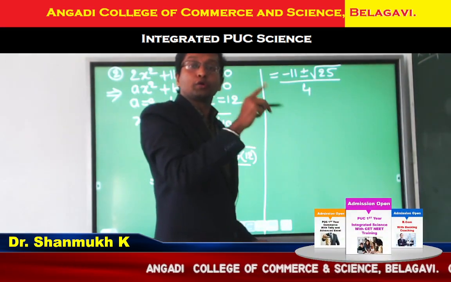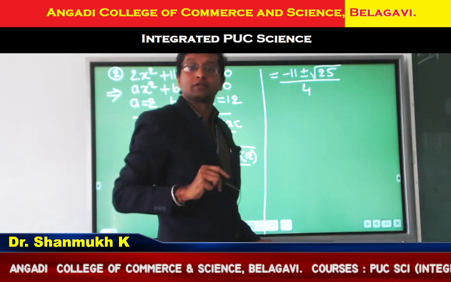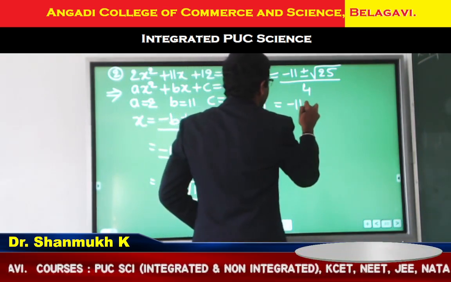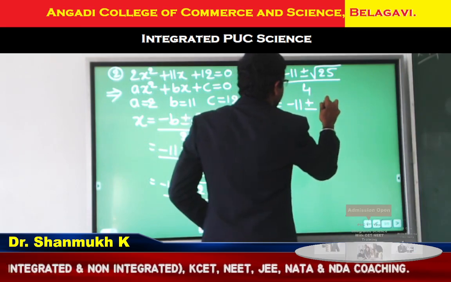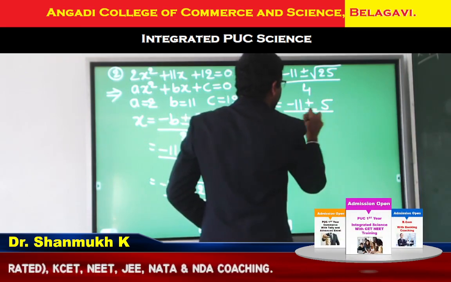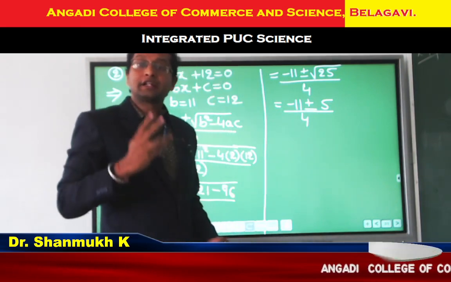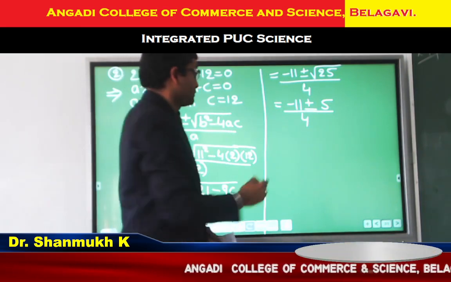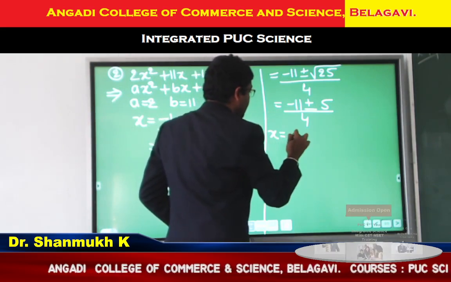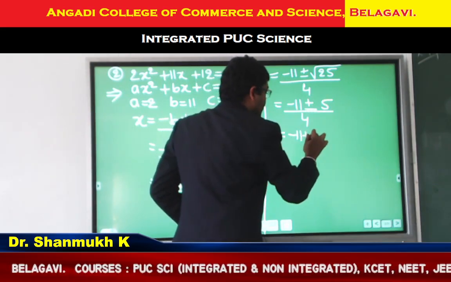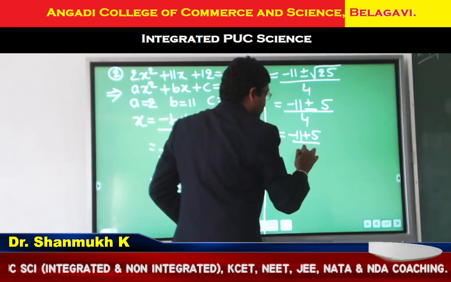Then root 25 is a perfect square, so root 25 is 5, so we get minus 11 plus or minus 5 divided by 4. Then the quadratic equation leads to two solutions. So the first solution is minus 11, first we take plus 5 divided by 4.